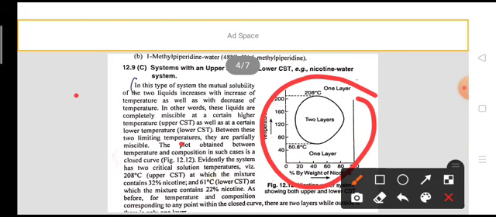Upper CST is 208 degrees centigrade and lower CST is 60.8 degrees centigrade, approximately 61 degrees centigrade. At upper CST, the mixture contains 32% of nicotine, and at lower CST, the mixture contains 22% of nicotine.